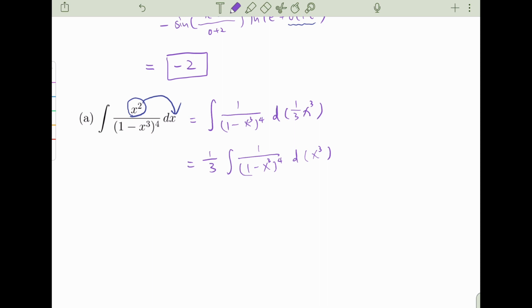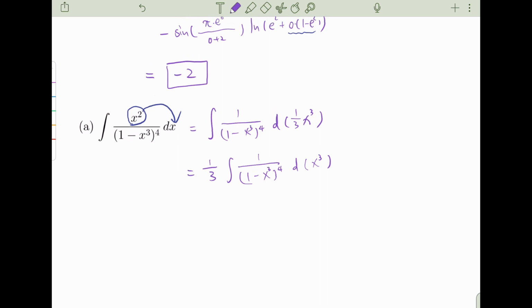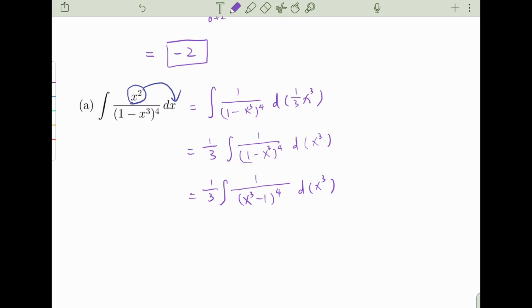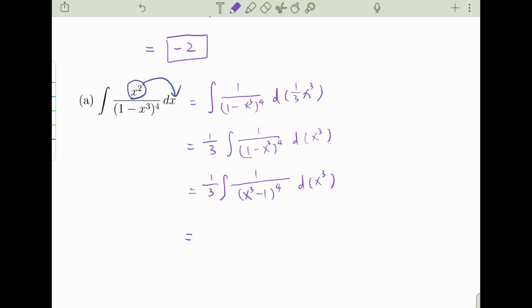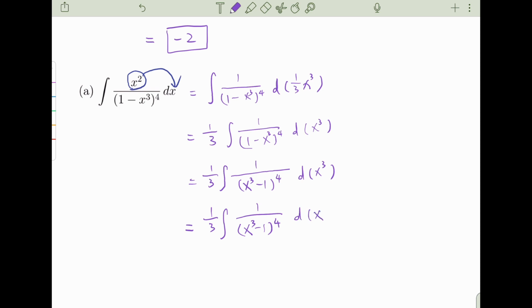And then I can also change the expression in the bottom. Just flip it, so it becomes x cubed minus 1 to the 4, right? Because the 4 is an even power, I can just swap the signs, and it doesn't hurt me to do that. And now I'm going to change this d x cubed to d of x cubed minus 1.